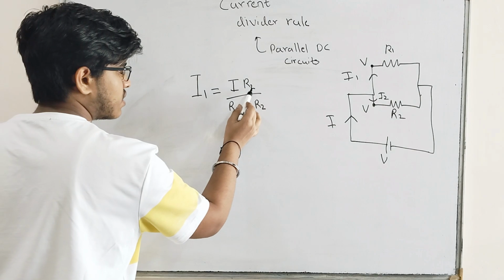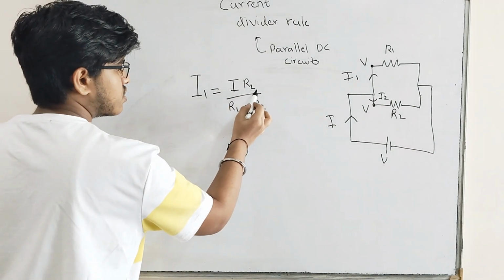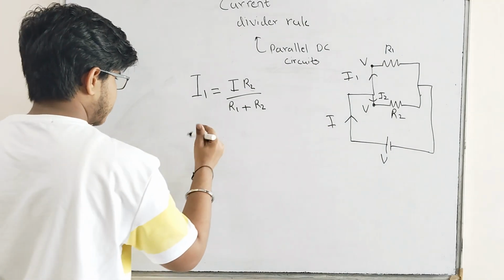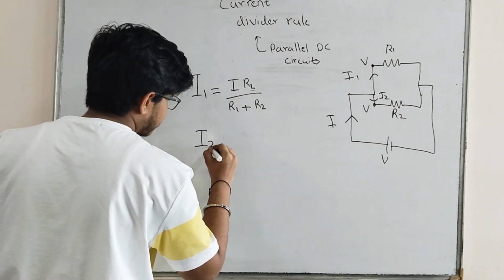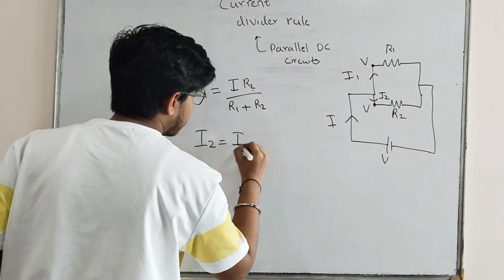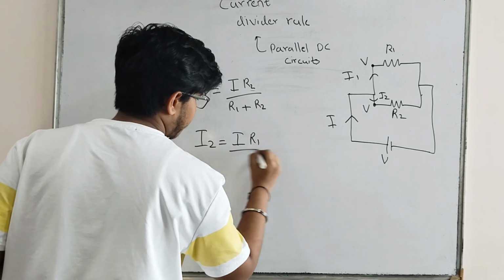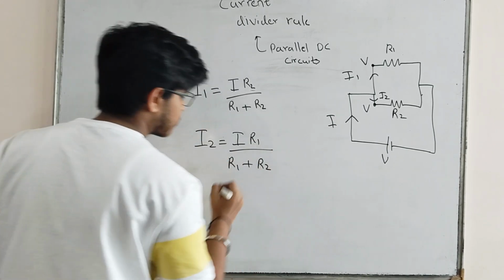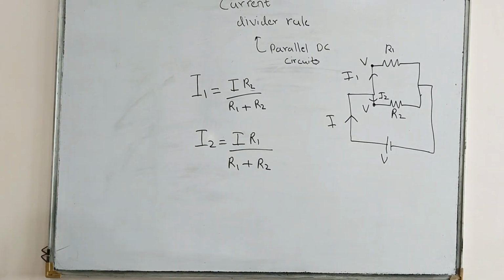I1 is equal to I into R2. This R2 is very important due to inverse proportionality, and likewise I2 is equal to I R1 upon R1 plus R2. Okay, you can remember this.